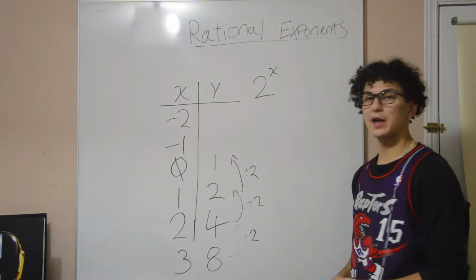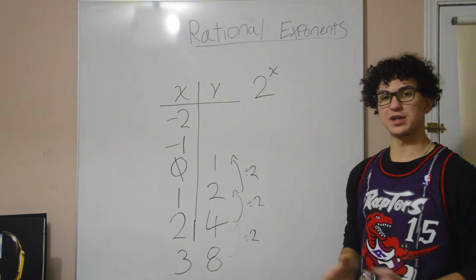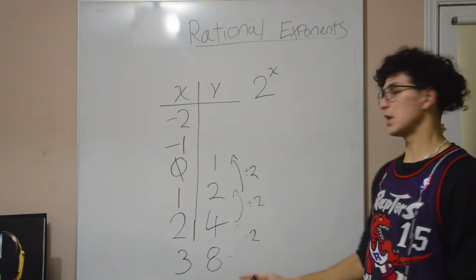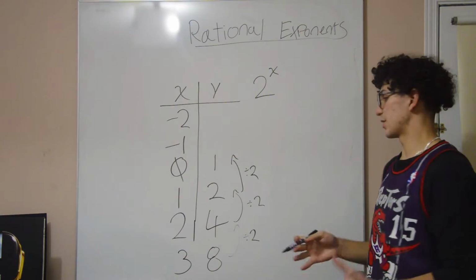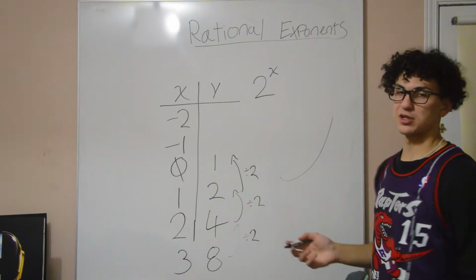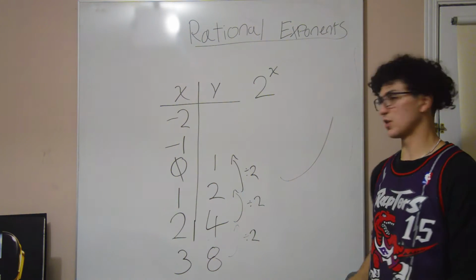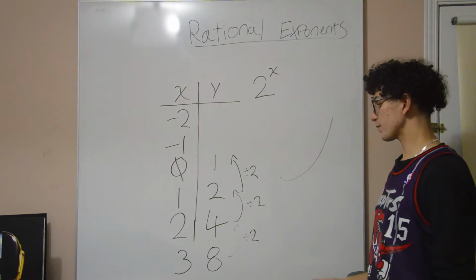So there's a clear pattern going on, and this is actually how we determine what exponential growth is. As x increases, y increases exponentially by a factor of the base. This is exponential growth by every definition of the term. We multiply by 2 every single time.